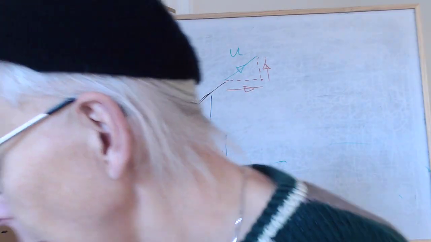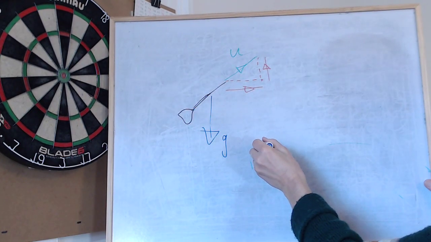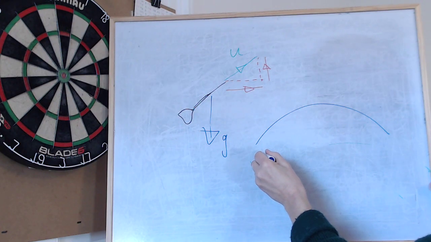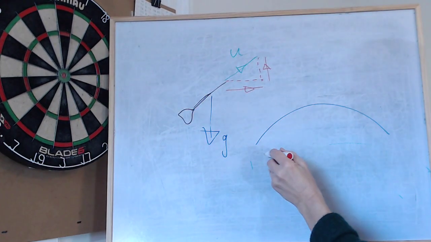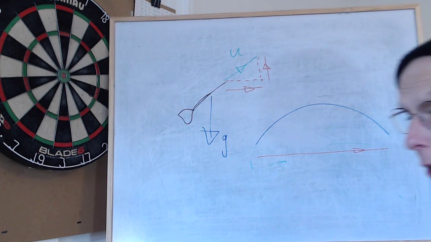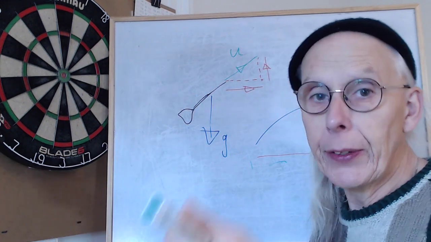Let me try and draw a picture. A typical trajectory: we can divide the motion up into a constant horizontal piece. The horizontal piece just goes at a constant speed in this direction, and then the vertical piece is like throwing something up in the air and then catching it again.